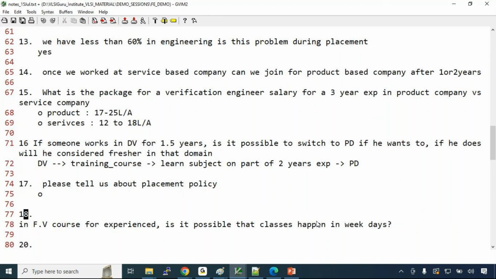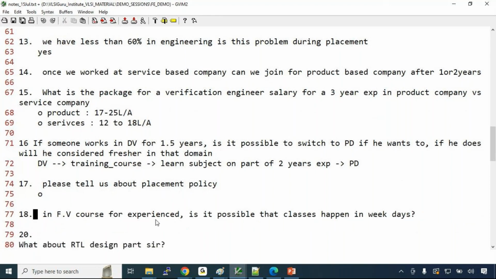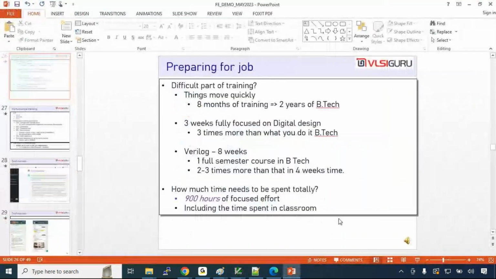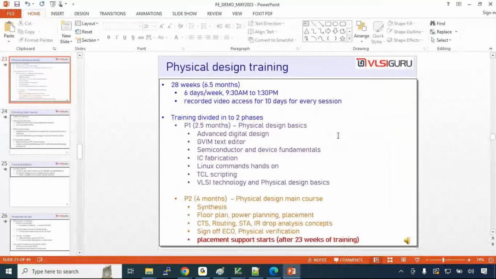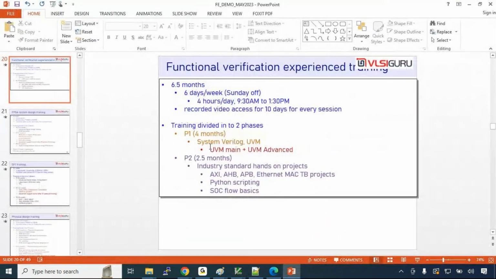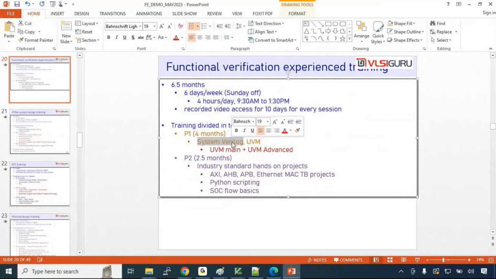In the functional verification course for experienced people, is it possible that classes can happen on weekdays? Yes, it is possible. I told you, right? Even that 6 weeks training you are attending, that 6.5 months experience course you attend, SystemVerilog can be attended full week, UVM can be attended full week, even industry standard projects you can attend full week, because it is the same schedule that is done for the freshers also.